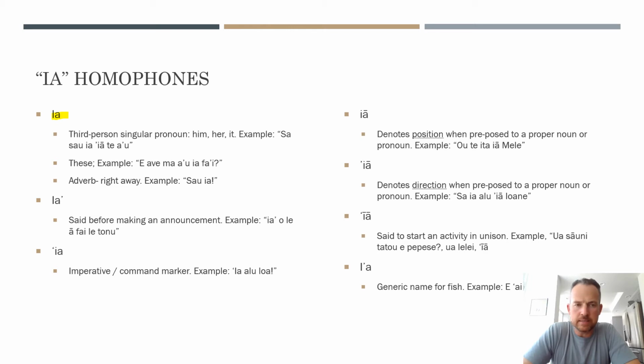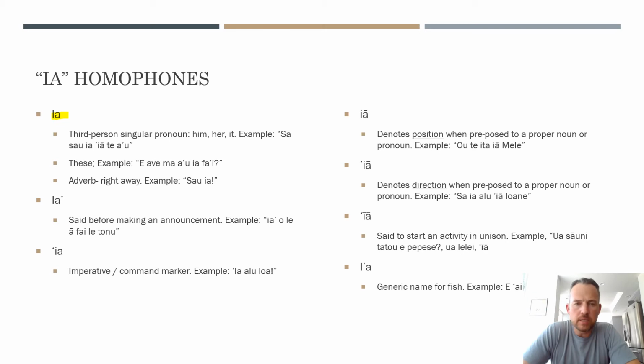Number 1 is a third person singular pronoun, meaning he, she, or it, him, her, or it.